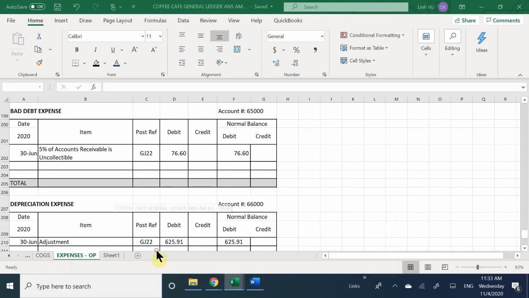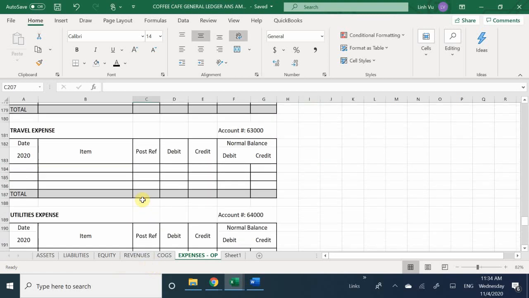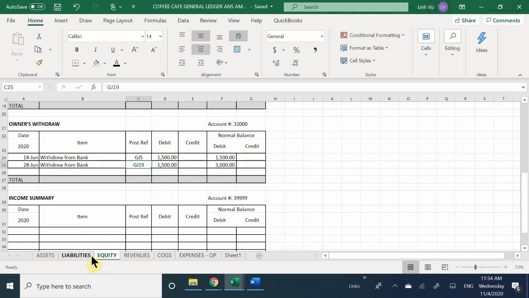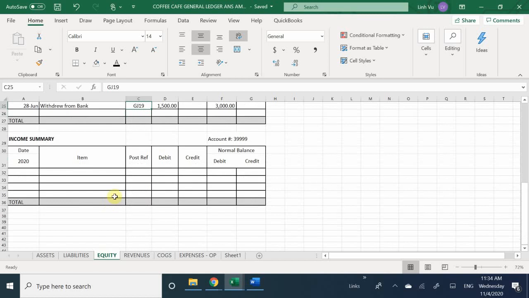So we're going to be focusing on just the general ledger only. Okay? Of course, when we journalize it, it's a different story. But we're going to be focusing on every single revenue. All right? And we're going to zero out every single account in our revenues and our expenses. And we're going to zero them all out to our infamous account called income summary.